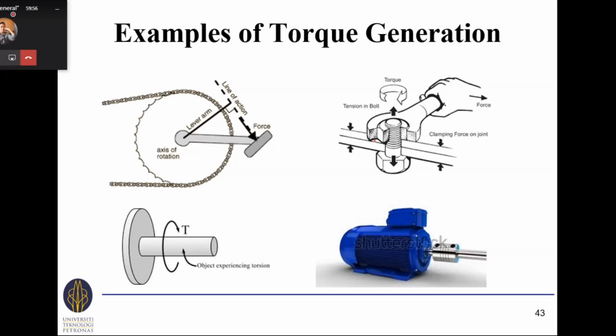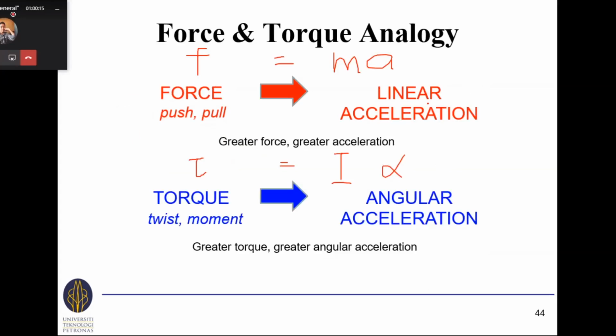Then you will also have greater rotational motion with less force. So the torque depends on the force and how far it is from the axis of rotation. So this is just the analogy from just now.